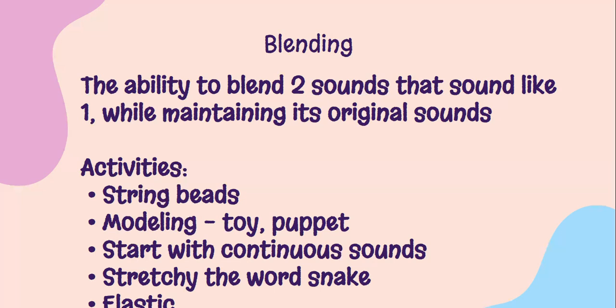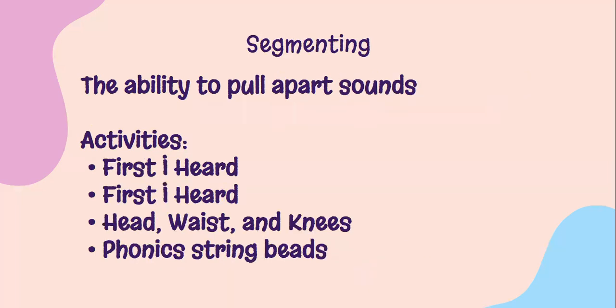They can also try an elastic rubber band, anything like that, because you're looking at blending, bringing those sounds closer together so that we can read those sounds. If you have elastic or even a rubber band, those are great external resources to teach the blending.